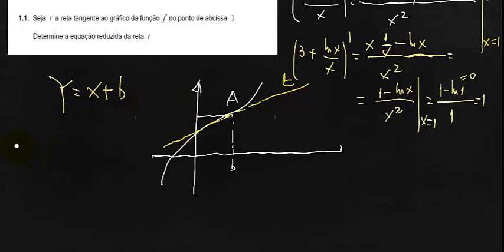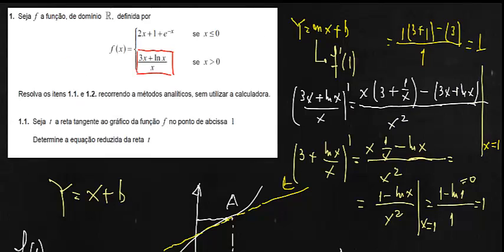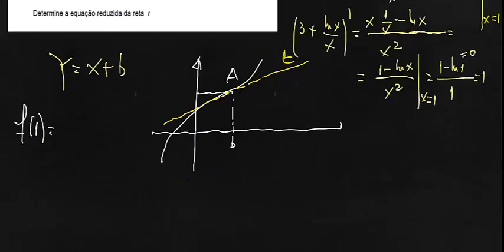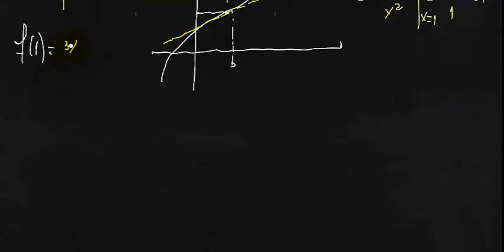And this helps a lot to get b, because if I take the value of f of 1, I'm going to look at the function. It is 3 times x plus the logarithm of x, over x, and I'm going to evaluate this expression at the point x equals 1, and I will get 3 times 1, which is 3, plus the logarithm of 1, which is 0, over 1.